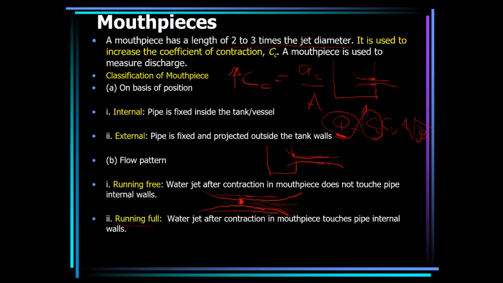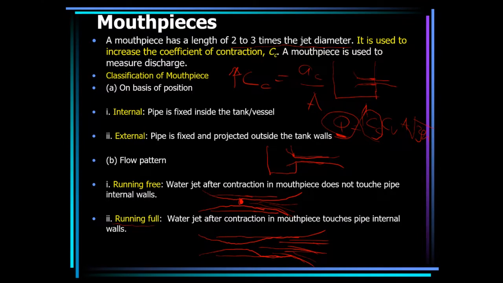Running full is when the water jet after contraction in the mouthpiece touches the pipe internal walls. So in this case, the water after contraction touches the mouthpiece internal walls and then comes out.